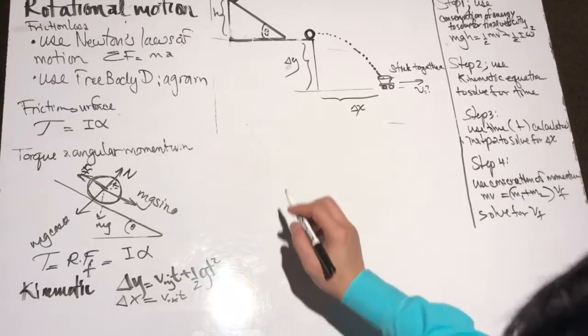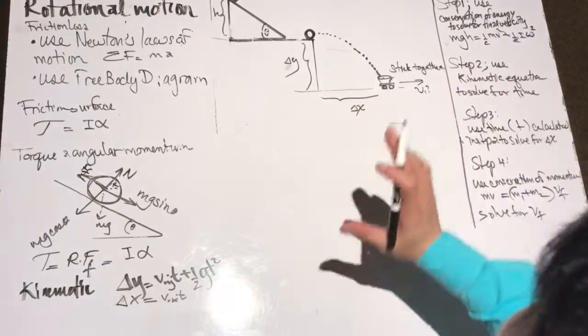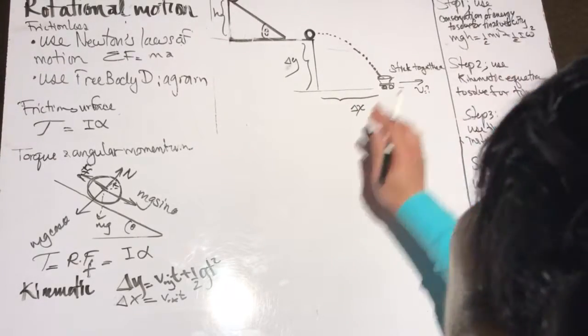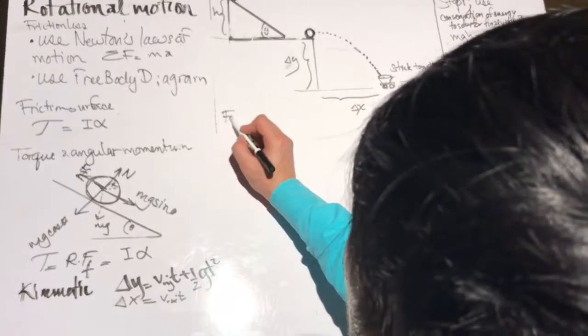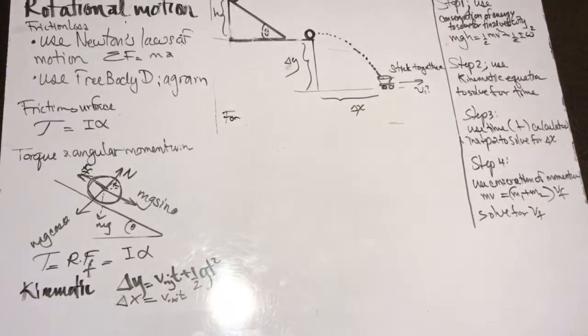For now, instead of showing you how I would derive from here to here, let's look at what we're doing. Because in the first and second videos, I've already derived the equations to solve for certain things.